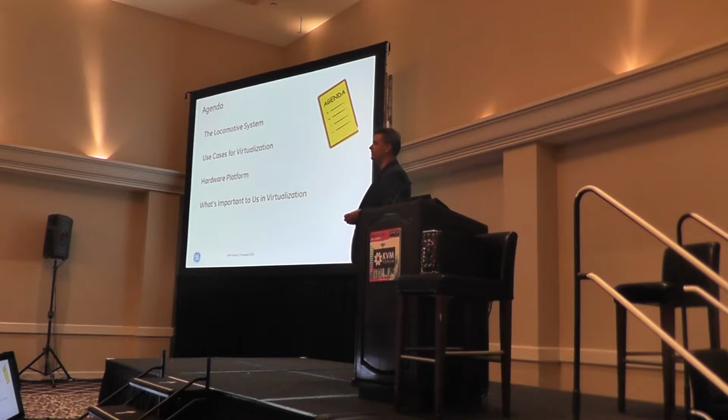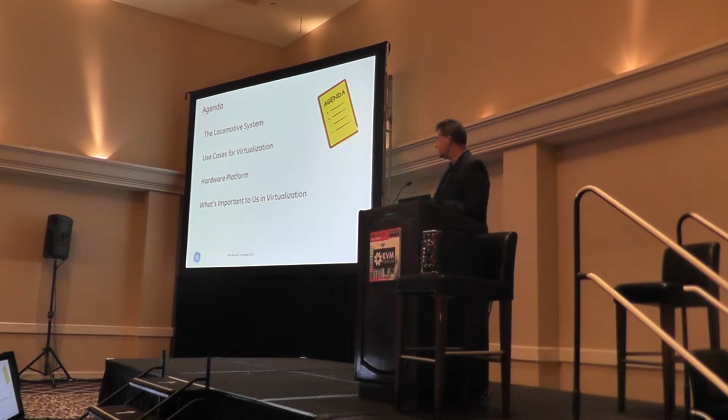So here's the agenda I thought we would go through. First, talk a little bit about the Locomotive System. That'll give you a flavor for where we're thinking about using virtualization. Then I have some use cases for us and why we think virtualization is important on our locomotive systems. Third, I want to talk about what we use for a hardware platform, because it's certainly a lot different than what typically is used in a back office.